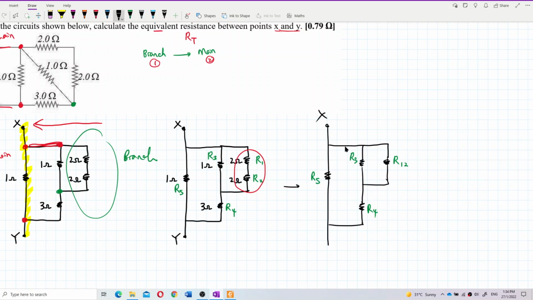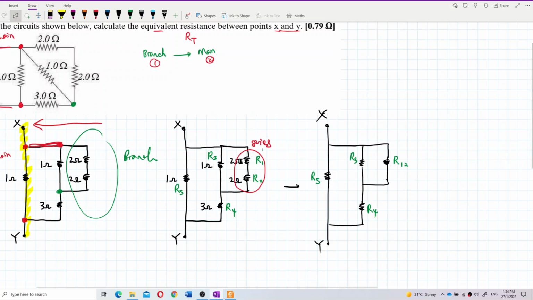The XY is over here. So I have this one. I combine this 1 and 2 in series. Maybe I can draw it over here. This one is in series.